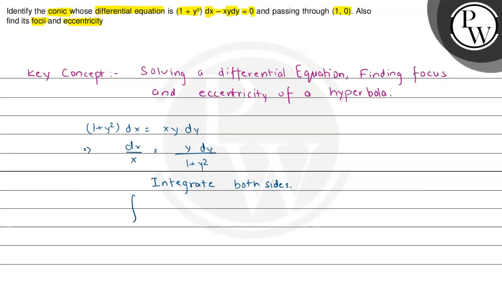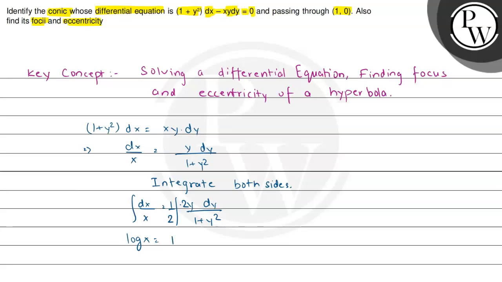On integration, the integral of dx upon x would be equal to the integral of y dy upon (1 plus y square). I'm just going to modify this by multiplying by 1 upon 2 and 2, which is of course equal to 1, so it won't make a difference. Also, we know that the integral of 1 upon x dx is log x, and the integral of 2y upon (1 plus y square) is log of (1 plus y square).